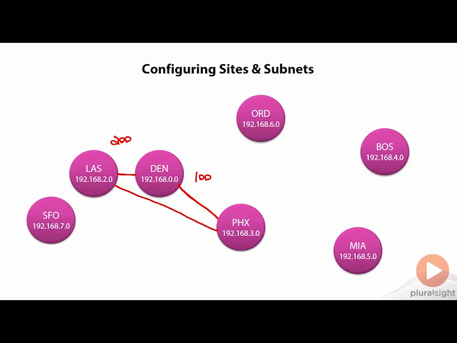Maybe it's even more costly. Maybe it's ridiculously painful because of a slow network connection or really expensive bandwidth for us to get from Las Vegas to Phoenix. And so the cost of that connection is something more like 500. Again, the numbers are meaningless except for how they compare with the other numbers that make up the other site connections. It is these numbers that will help Active Directory and its knowledge consistency checker in determining which path replication traffic should take in order to get from one place to the other.